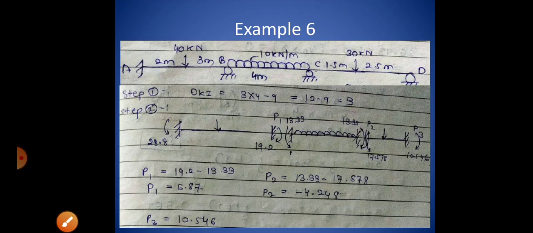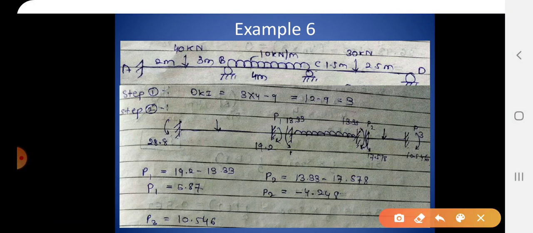Now go to the next problem, example number 6. You can see here the support conditions and the loading: A fixed support, B and C intermediate supports, and D a roller support. The loading is an eccentric point load, a UDL, and again an eccentric point load.